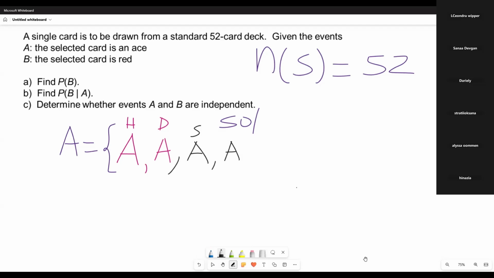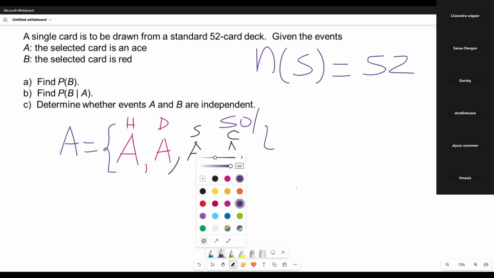And we got ace of spade, which is black, and the other one. Ace of club. So here you have N of A is 4.